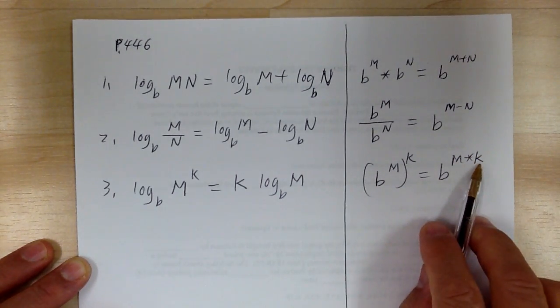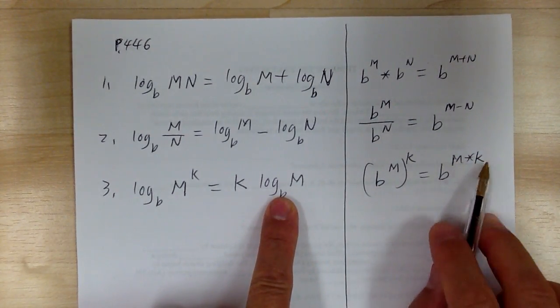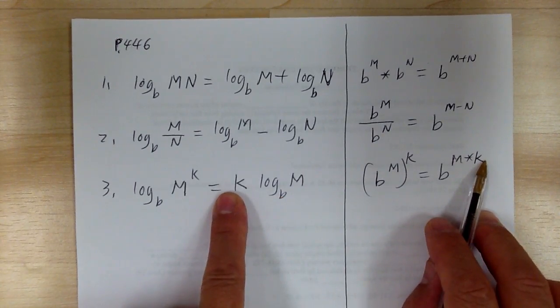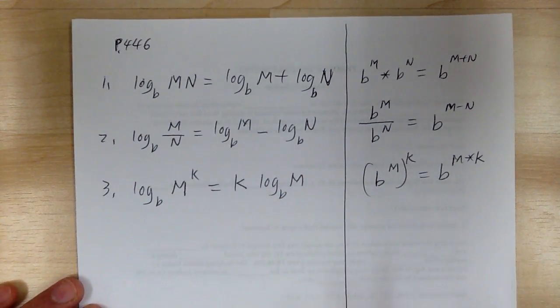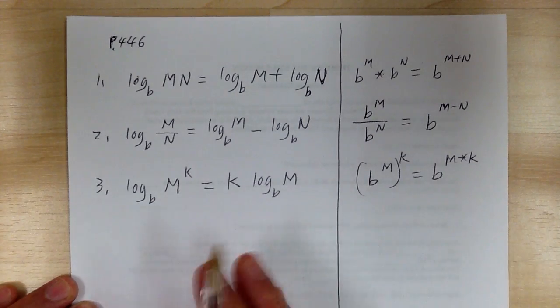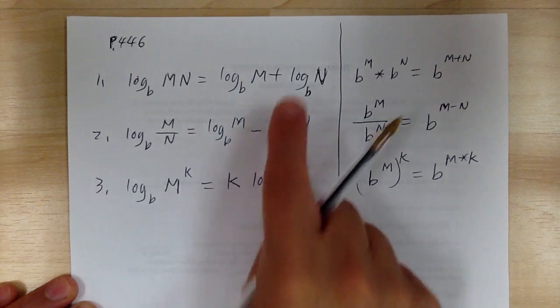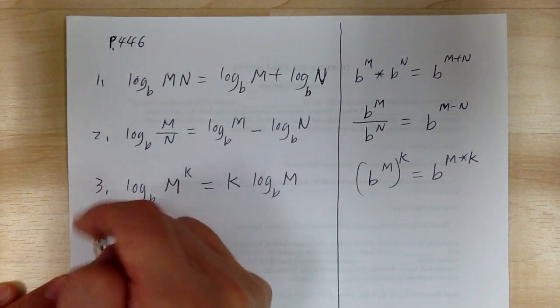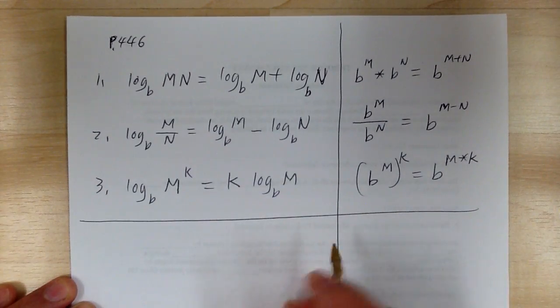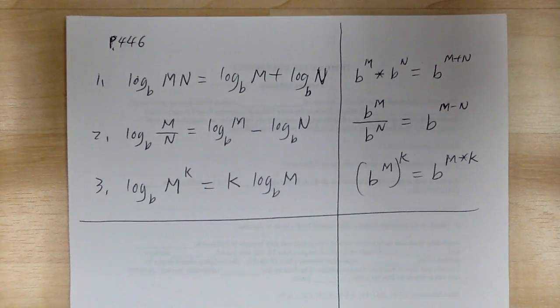So it's kind of the same concept, but because m is in your log, you have to put a k in the front. Multiplication. So that's the similarity between the two. These are 3 laws that you need to memorize and understand. So with that, let's look at some examples.